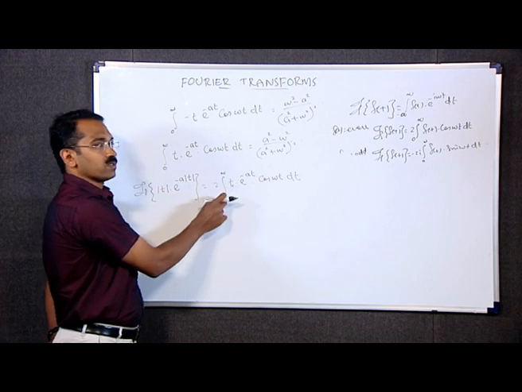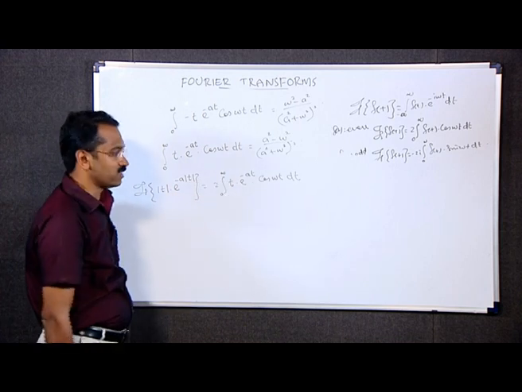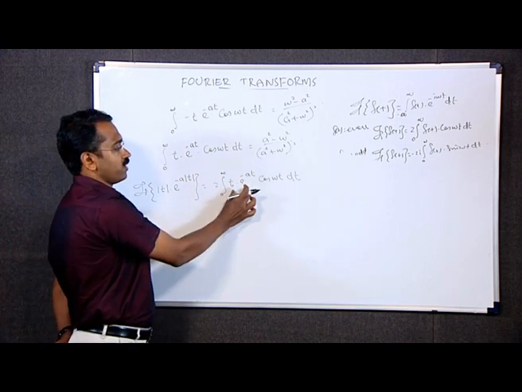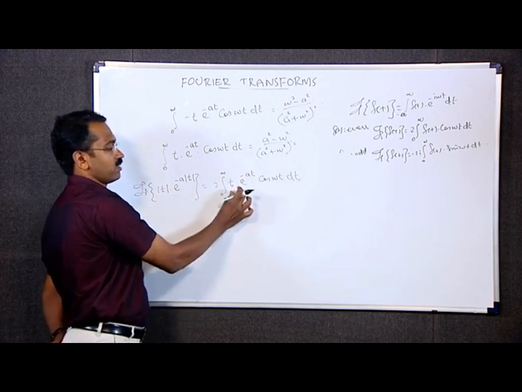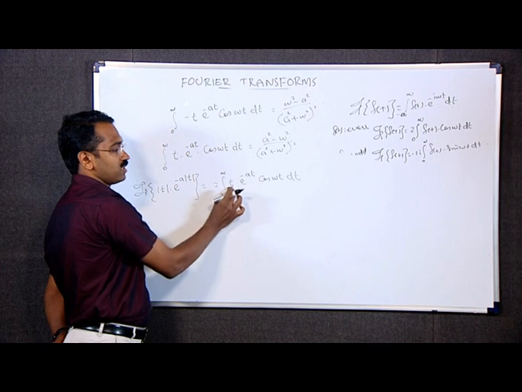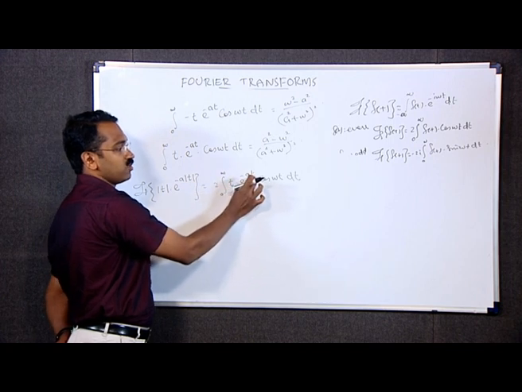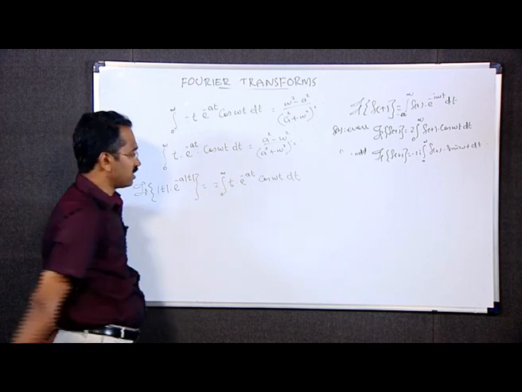In this range 0 to infinity, modulus of t is t itself. Therefore, we can write this expression as 2 times integral from 0 to infinity t into e raised to minus a t cos omega t dt.